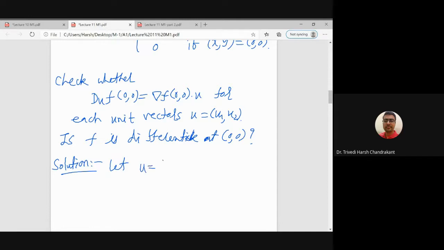So let u equals (u1, u2) be a unit vector.